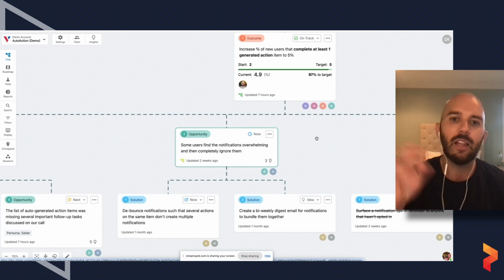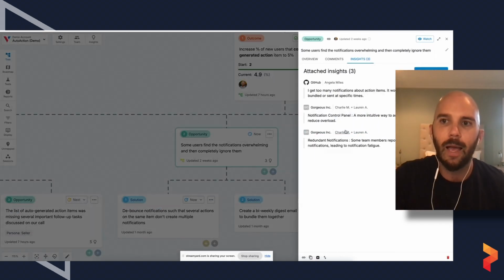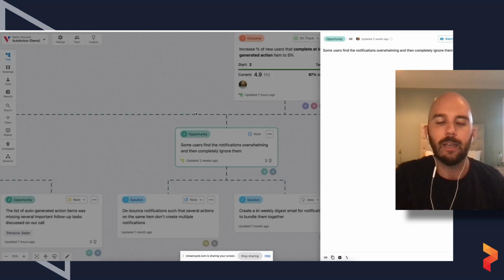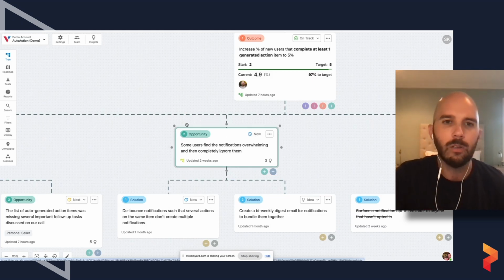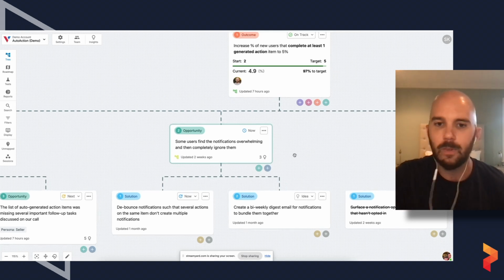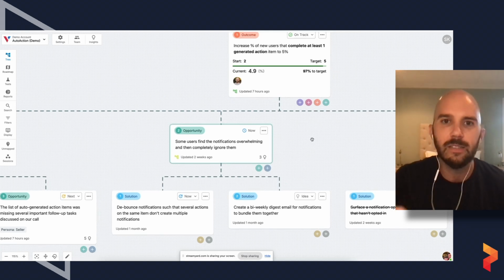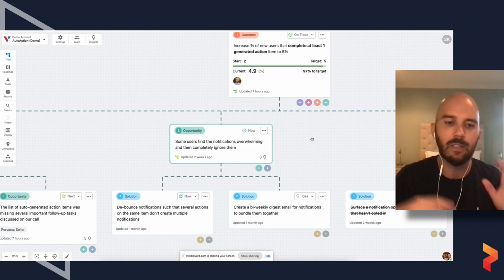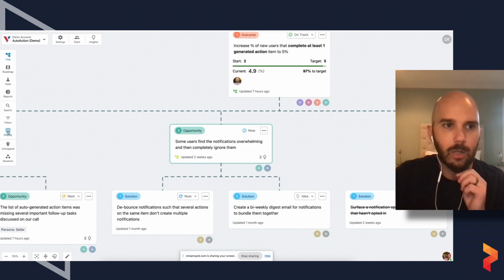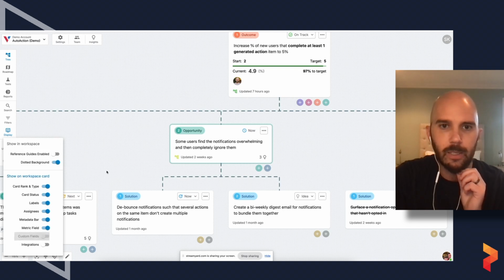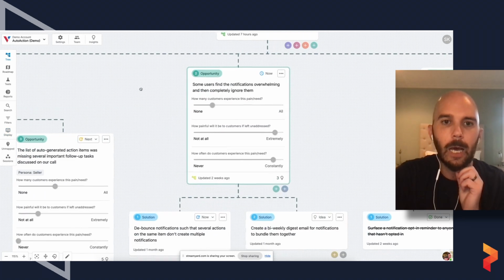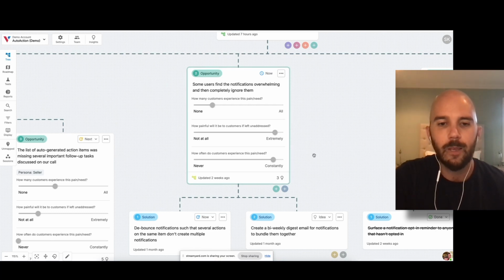And having all of that first party, what are people actually saying about this problem right on the opportunity, makes it a lot easier for you to have an opinion about how big of an opportunity this really is. So really all the things that go into an opportunity solution tree, and all the different data that you might want to collect about it, or even if you do some form of RICE, it supports all of that natively.